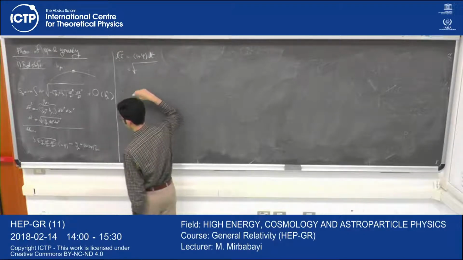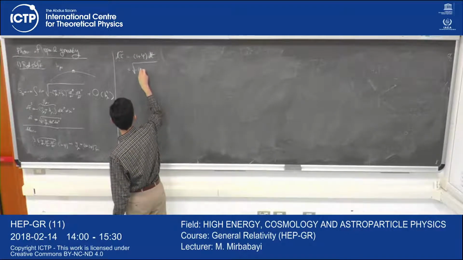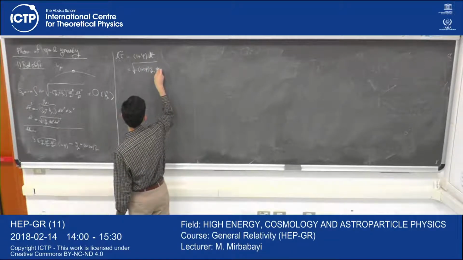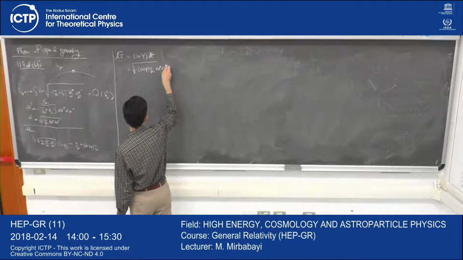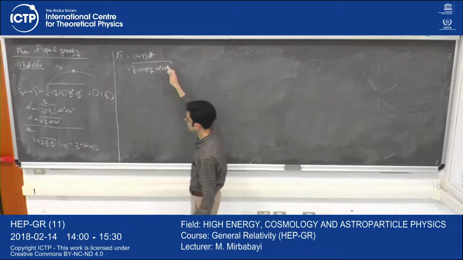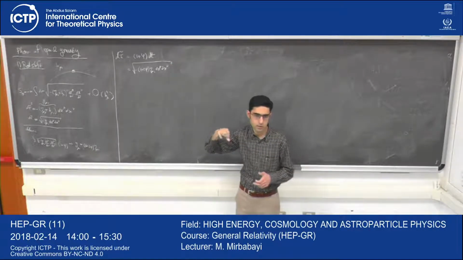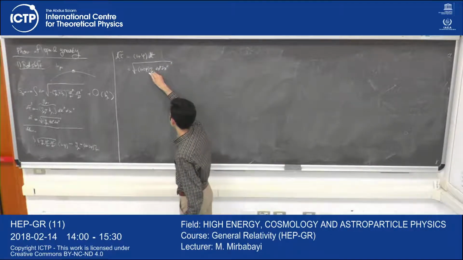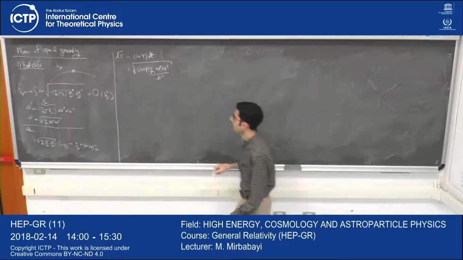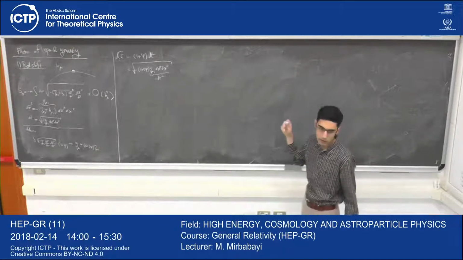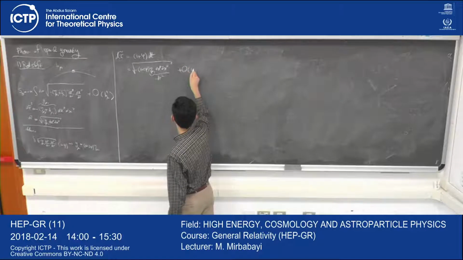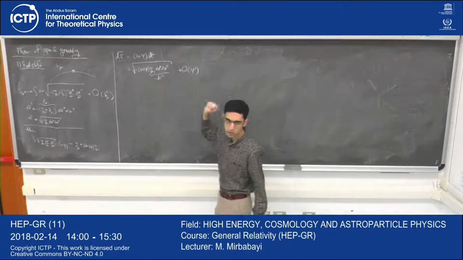This will be minus 1 plus 2 phi times eta mu nu dx mu dx nu. Because I'm assuming that the clock is at rest, this is just going to be minus dt squared. And then I'm linearizing phi.